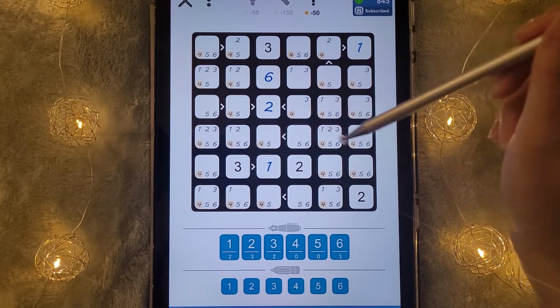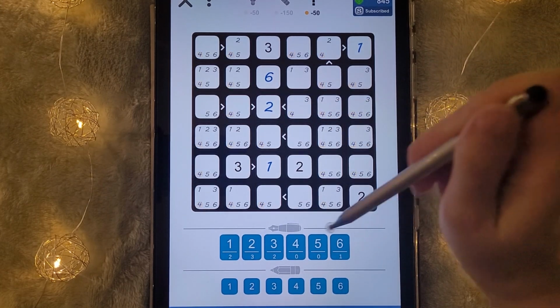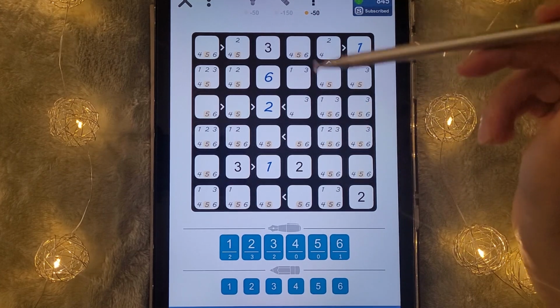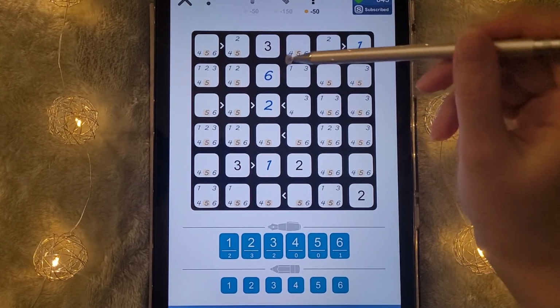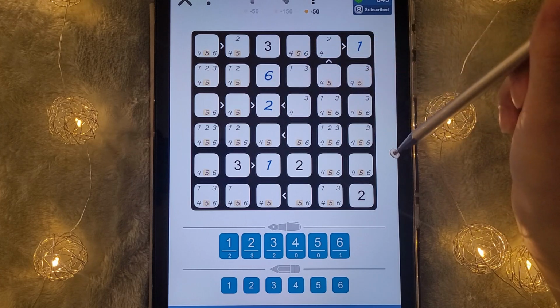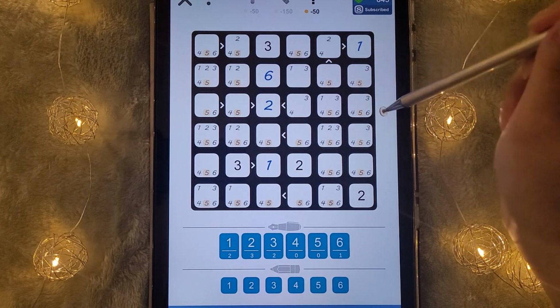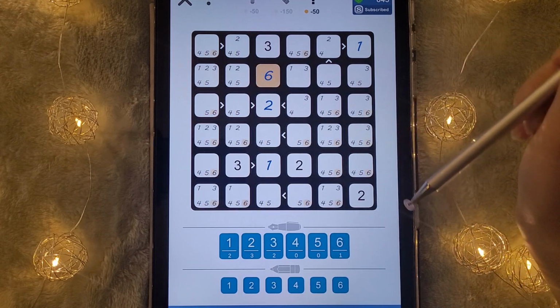I don't think that I see anything for the 4s either. It's a bummer. Let's take a look at the 5s. Nothing there. Let's see the 6s.